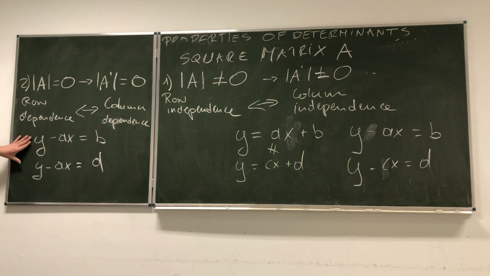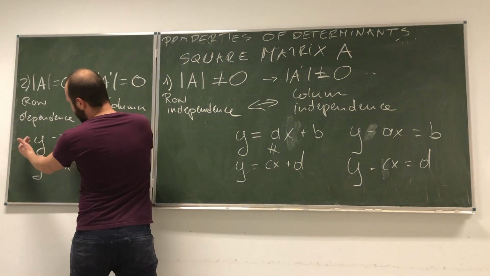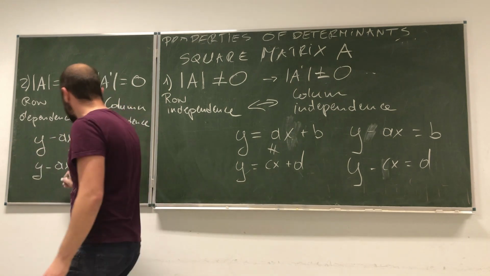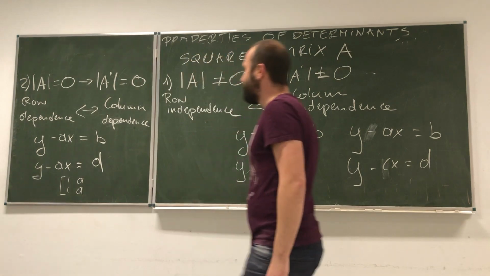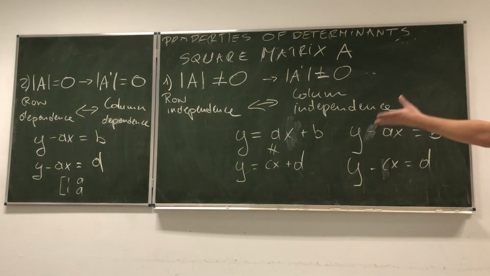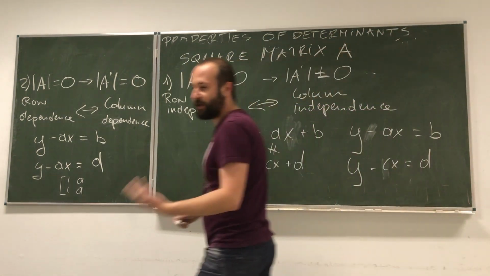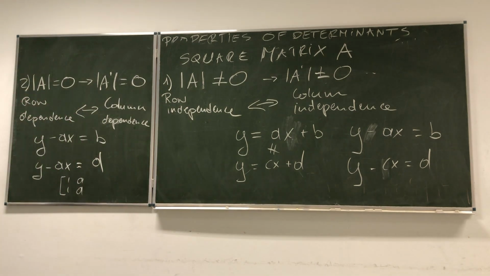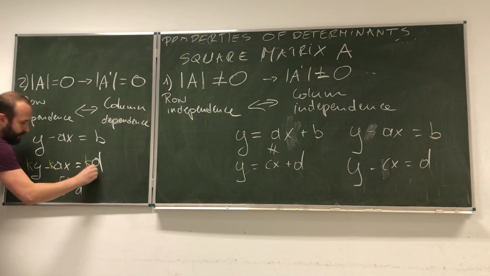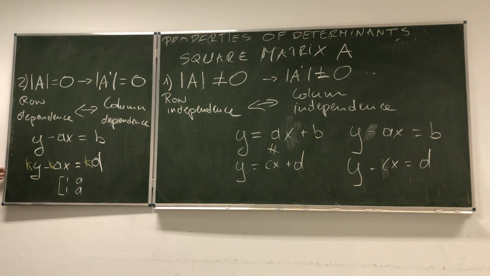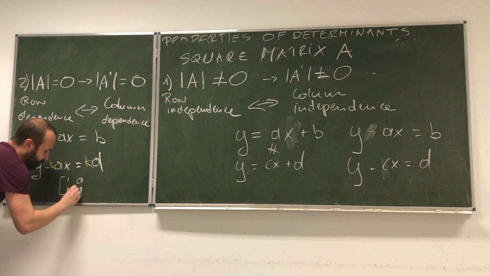And you see here clearly that when I calculate the matrix of coefficients, 1, 1, a, there is a row dependence, right? Of course, I can mask it in really different ways, because I can multiply this equation by k, but it doesn't change anything. Here we would have k, here we would have k.